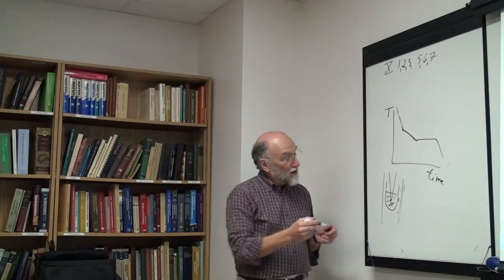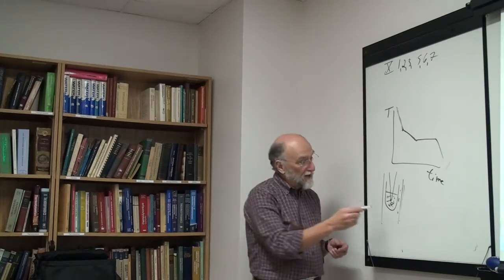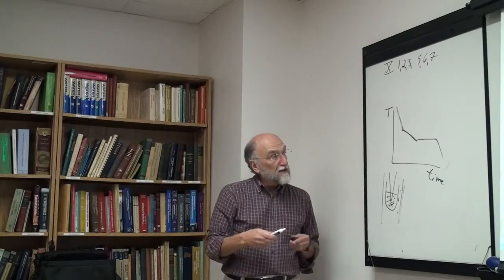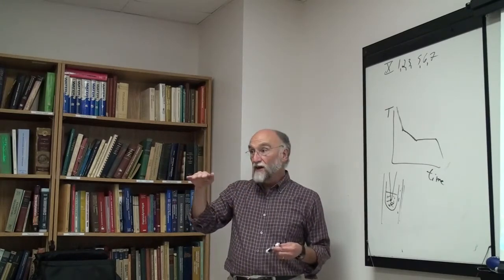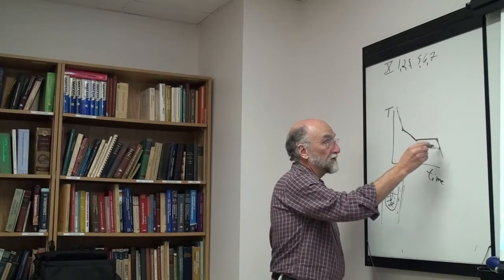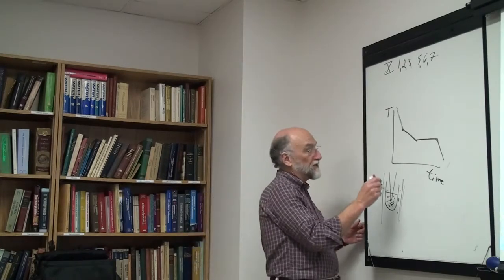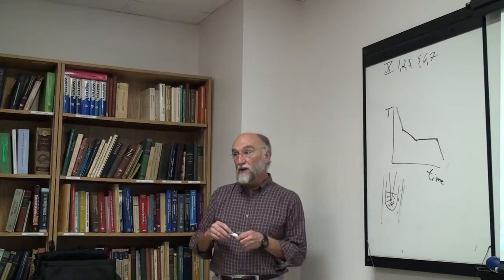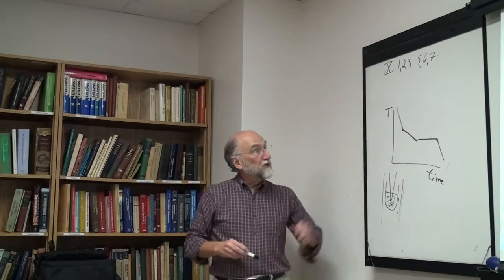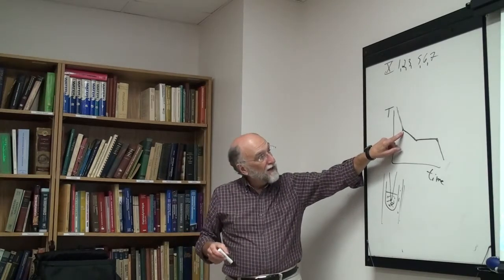Ideally, when you reach the eutectic temperature, then of course the temperature remains constant. The system gives off enough heat to keep the temperature constant until the entire liquid is solidified, and then it cools back down. Of course, this only happens in textbooks. What really happens is that you have supercooling. You need nucleation, so the liquid persists below the eutectic.